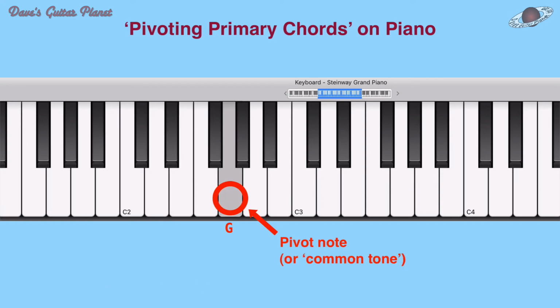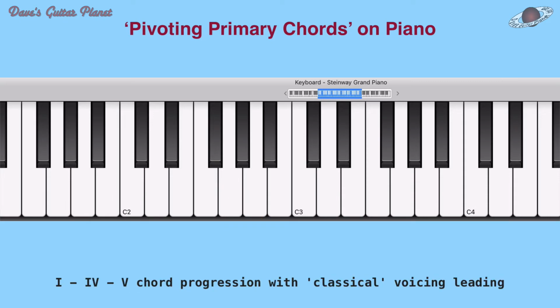So we call this the common tone between C and G. So to play 1, 4, 5, the three primary chords in C here, we've got a root position C chord, an F chord with the fifth on the bottom, and then a G chord with the third on the bottom.